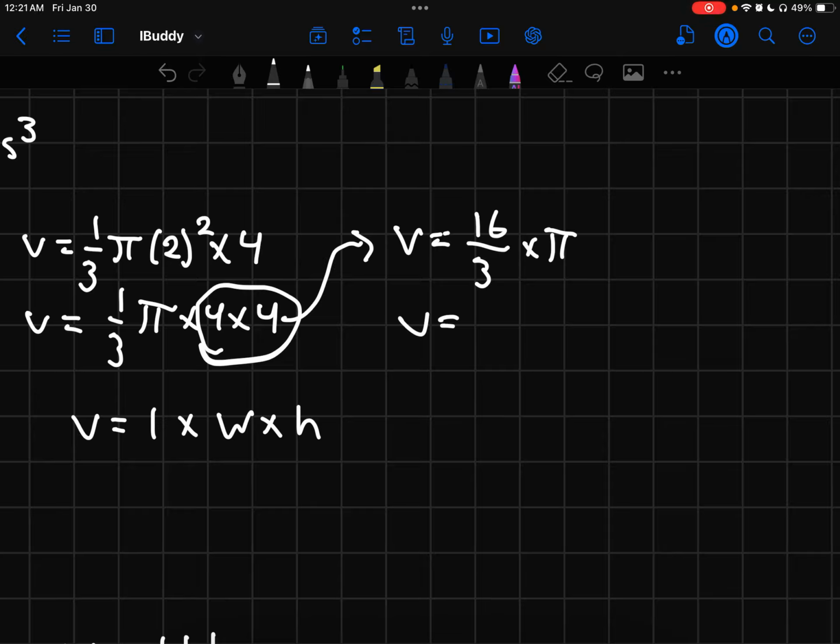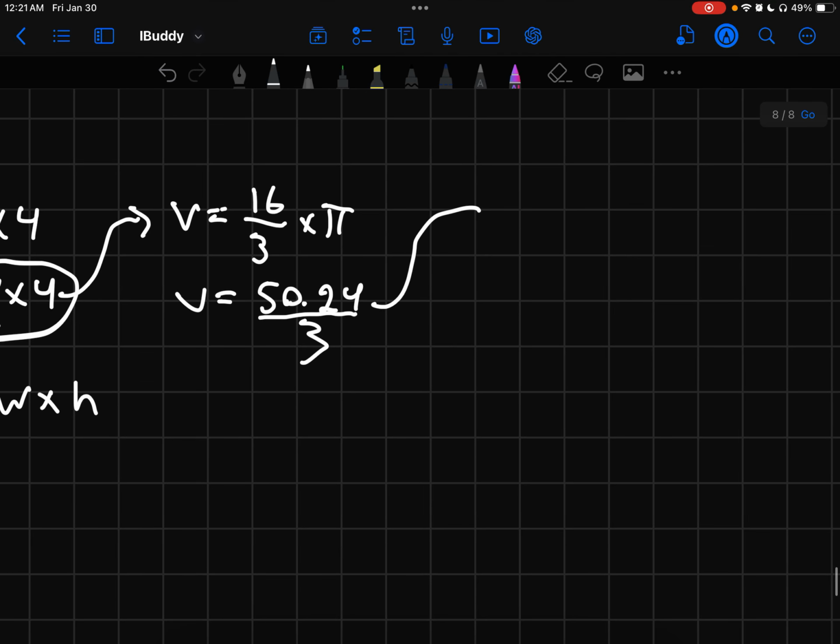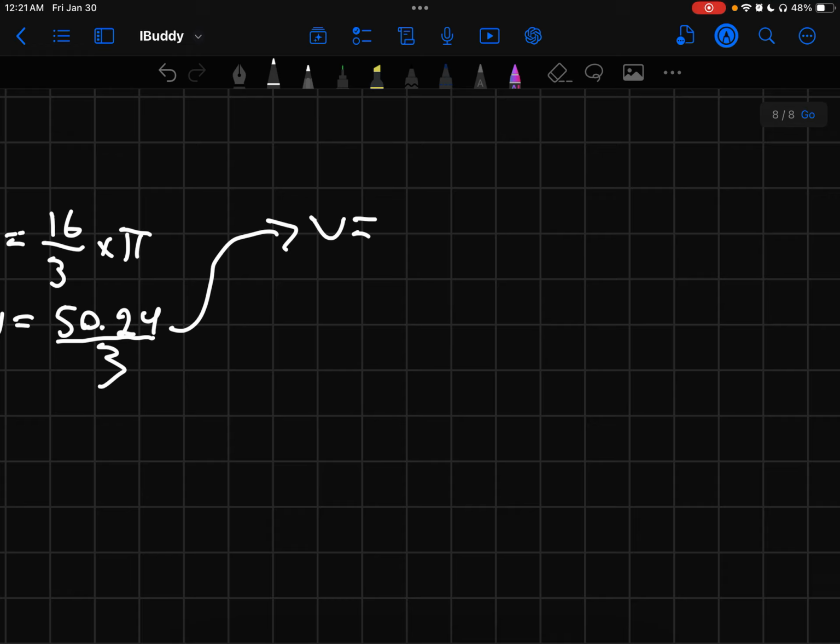And then the last step, 16 over 3 times pi. Well, 16 times pi first, which is 50.24, and then we still have divided by 3 left. And finally, the volume will be 16.75 units cubed.